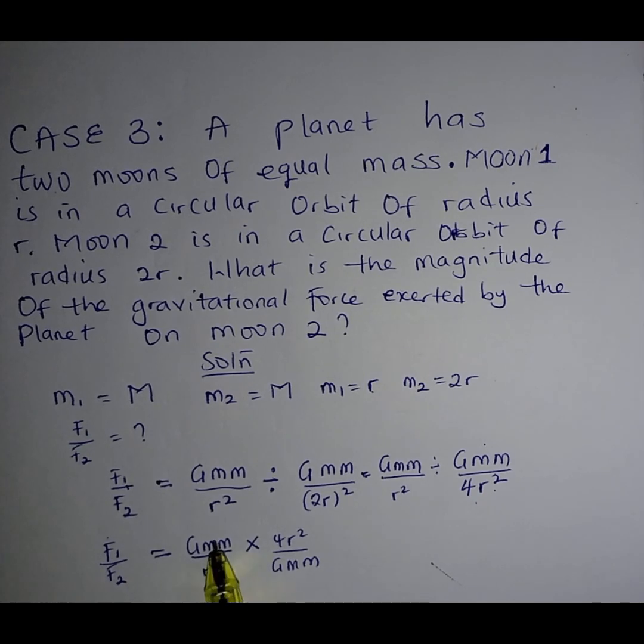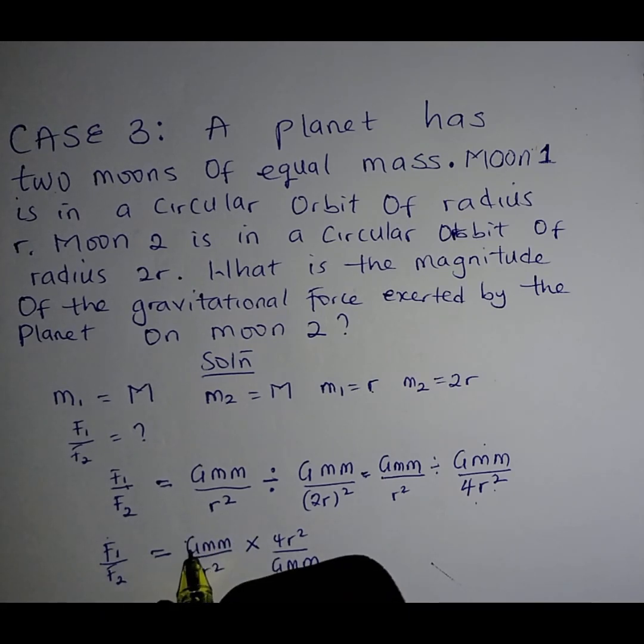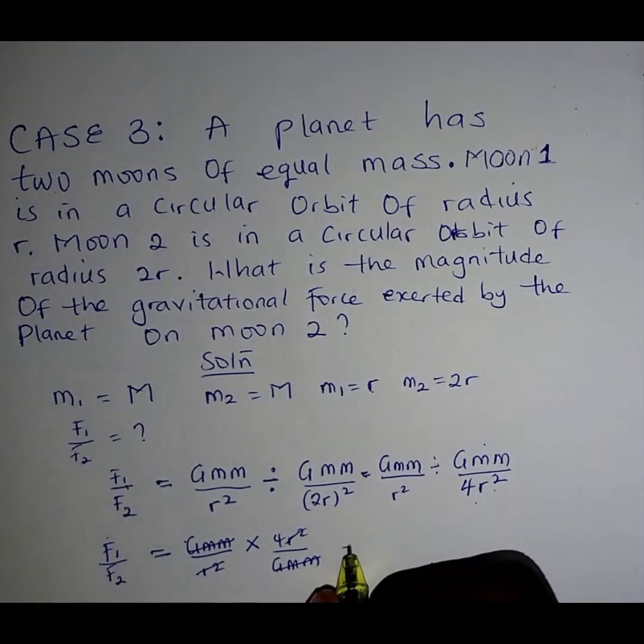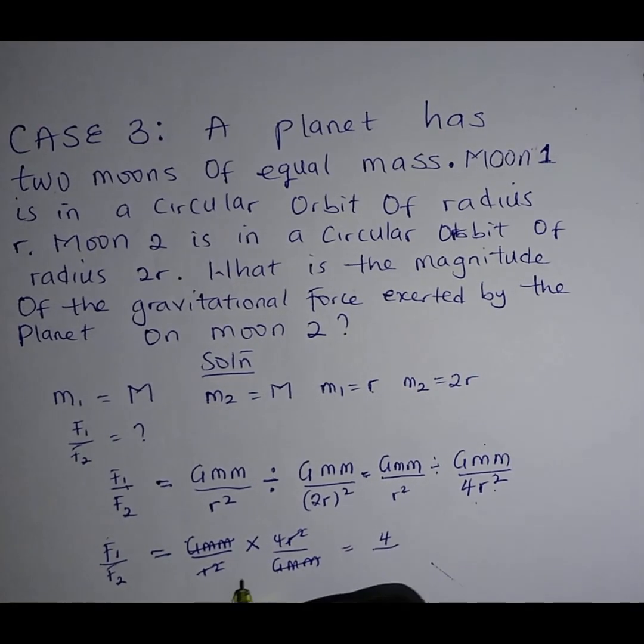Now we know the mass of moon 1 is the same as the mass of moon 2, and this G is constant. So therefore we can cancel this out, and then we can cancel this r square out. So therefore we are left with 4 over 1. So therefore the gravitational force exerted by the planet on the moon is to what? 4:1.